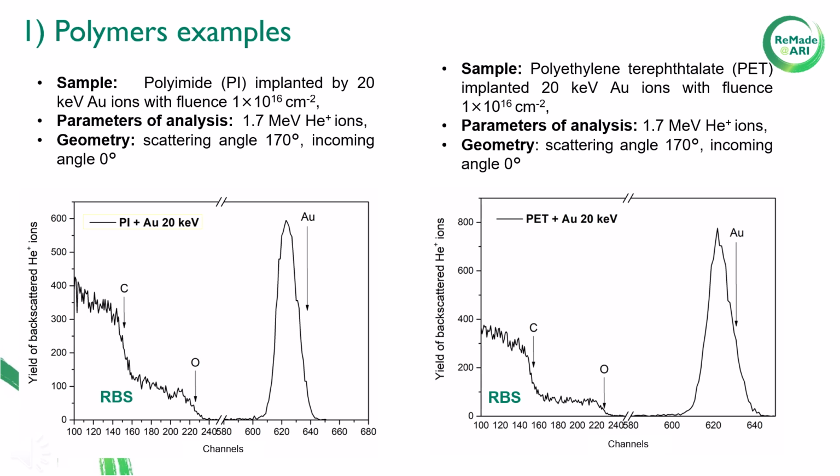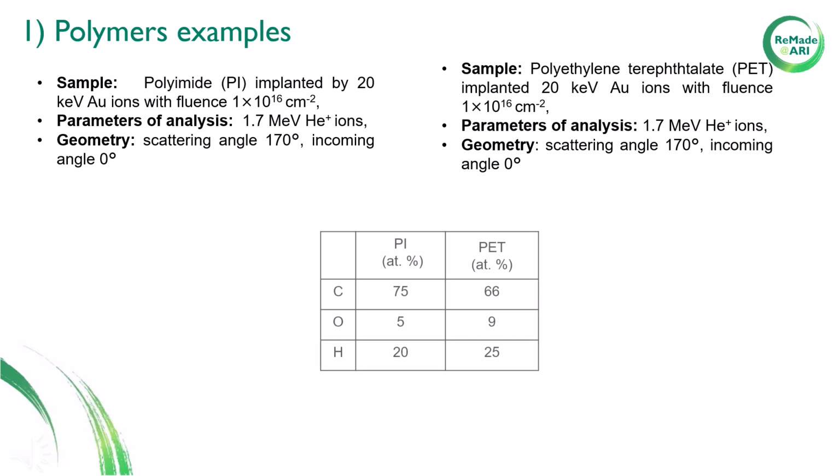The result of the measurement is an energy spectrum describing the number of helium ions incident on the detector as a function of their energy. The RBS spectrum has characteristic edges, where each edge is characteristic of a given element. The information about the atomic concentration is given in the table.